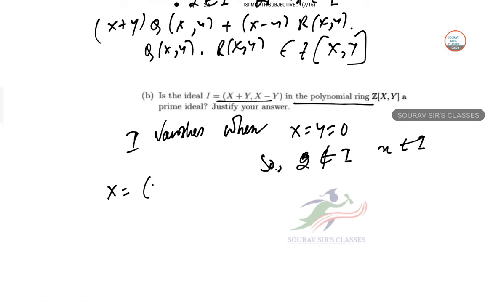And obviously we can write it as (x+y) q(x,y) plus (x−y) r(x,y).